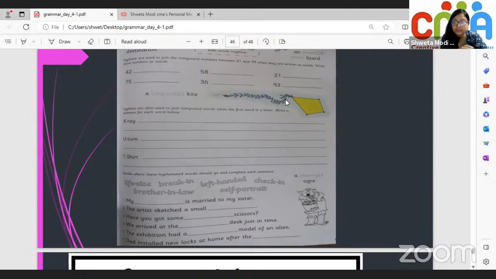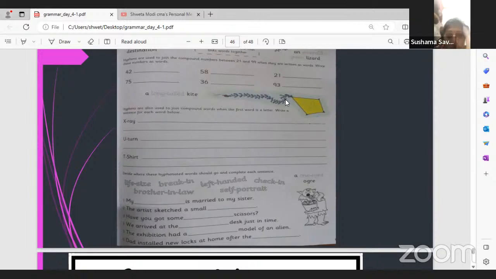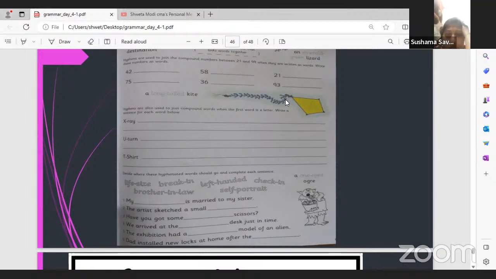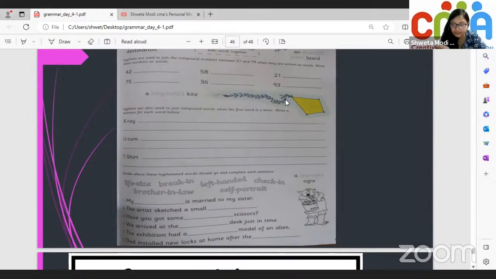Break-in, where will this word come? Dad installed new locks at home after the break-in. So break is related with in.